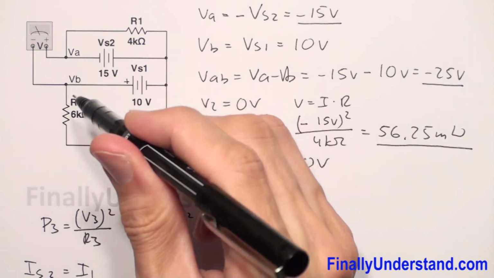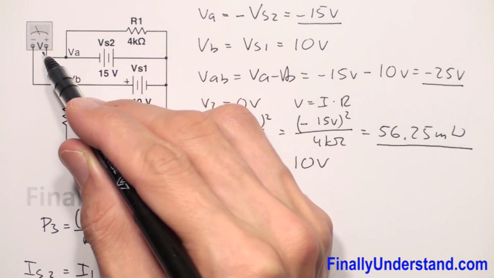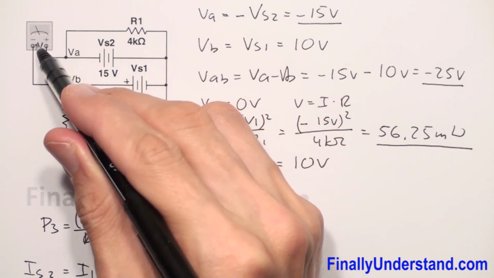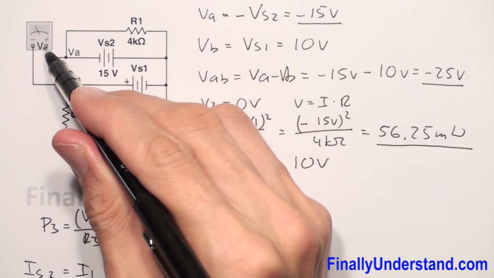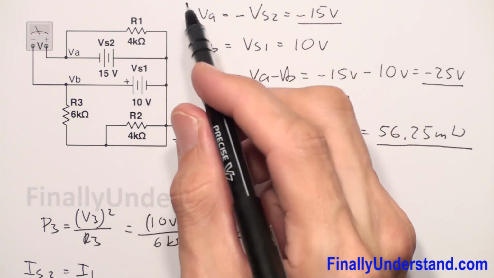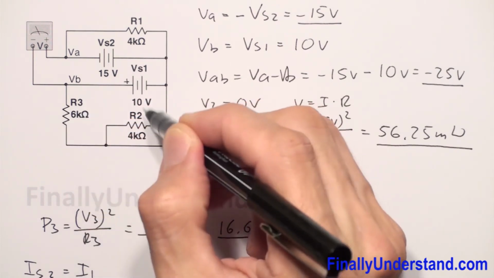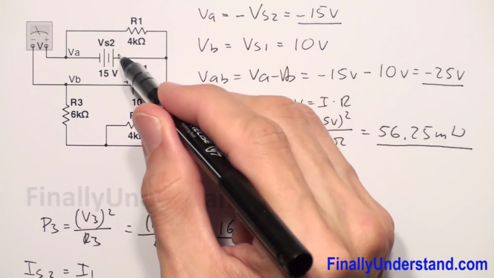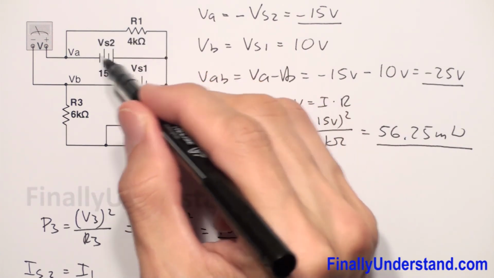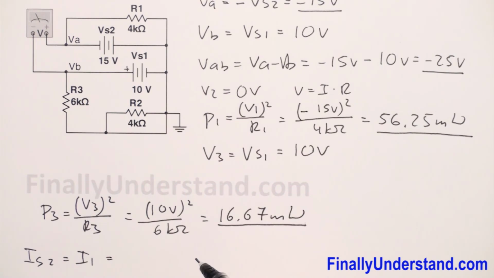Please keep in mind that the resistance of the voltmeter is not given, so we are going to ignore it. We are going to assume that this is like an open circuit over here, because the resistance of the voltmeter is extremely high compared with these resistors, so the current is going to appear only in this loop. Current I1 and I source 2 are the same, because this is the same current, and this is going to be calculated by Ohm's law.